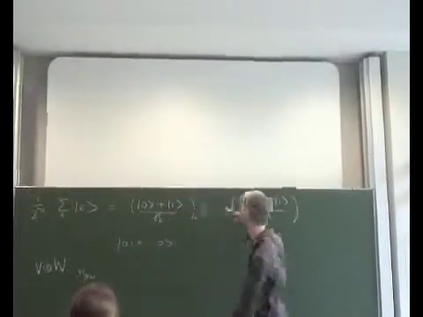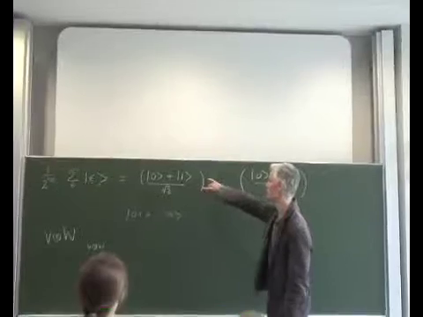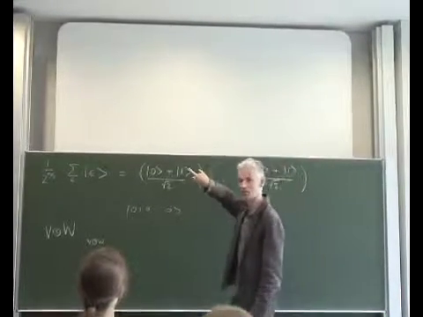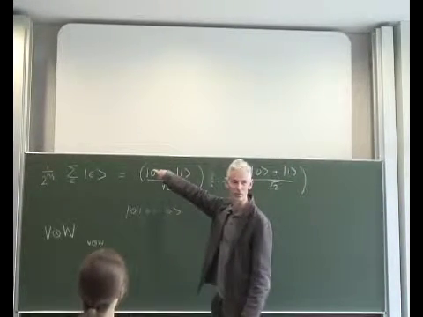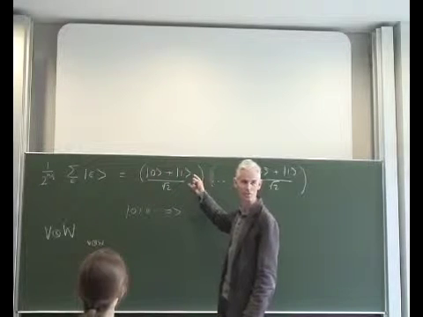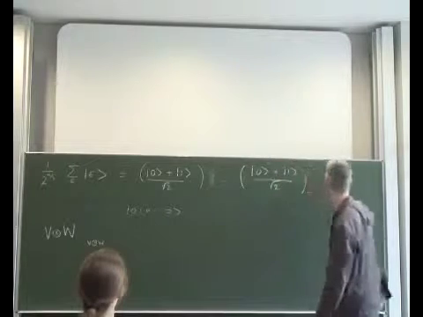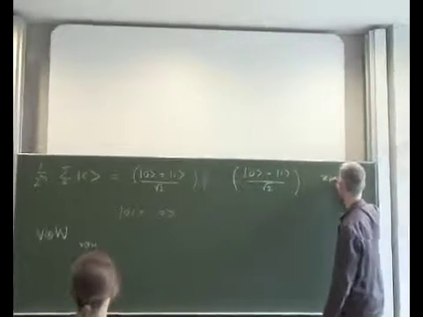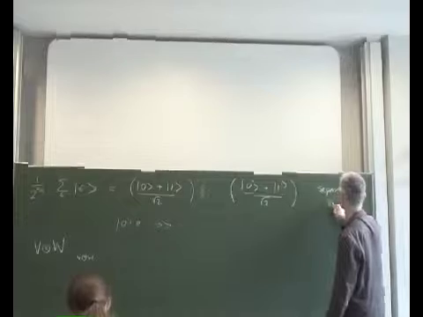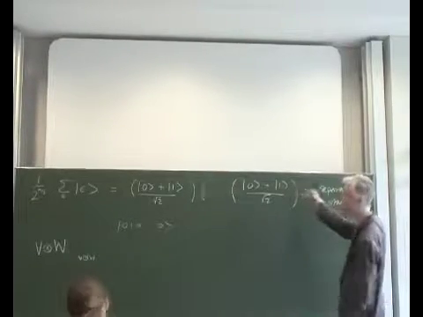So what I've written here happens to be of the form a state concerning the first qubit tensor a state concerning the second qubit, all the way up to the last one, is a very, very special form of a state. We could call this a separable state. This is an example of a separable state.